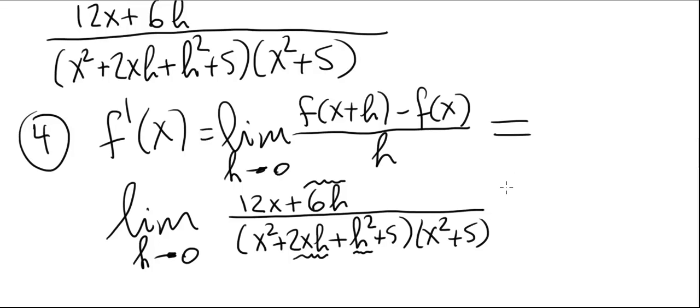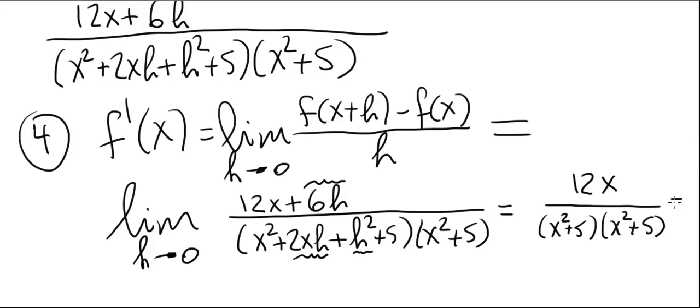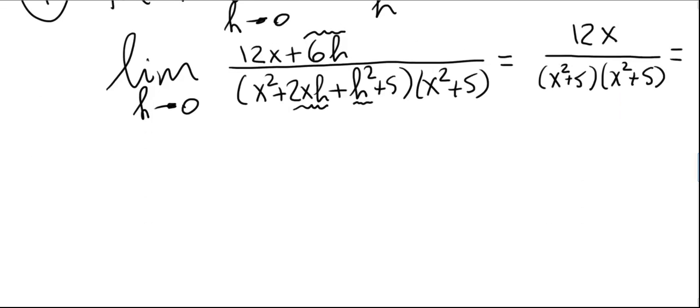Everything else stays the same, so this is equal to 12x in the numerator, and in the denominator we end up with x squared plus 5 times x squared plus 5, which simplifies to 12x divided by x squared plus 5 squared.